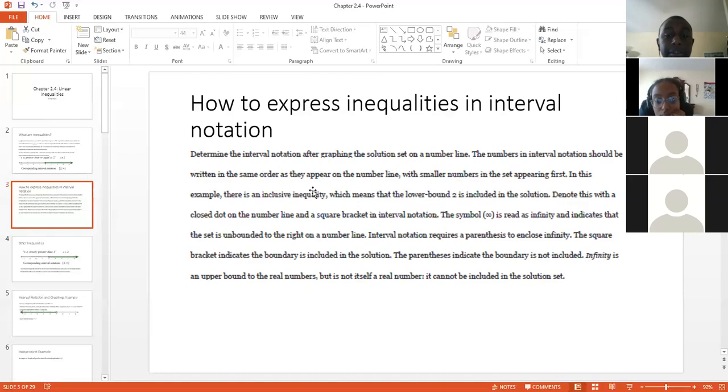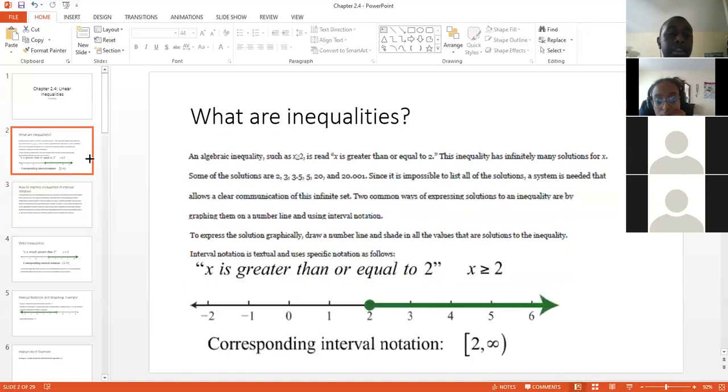So this is inclusive. Inclusive means that it includes 2. So 2 is included in the solution set, so you have to put a bracket. I'll show you what you do whenever the number is not included. Because 2 is included, you put a bracket. That's the lowest number it can be. So the lowest number goes on the left and the highest number goes on the right.